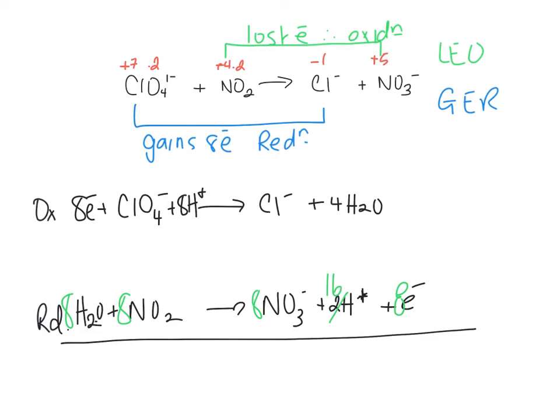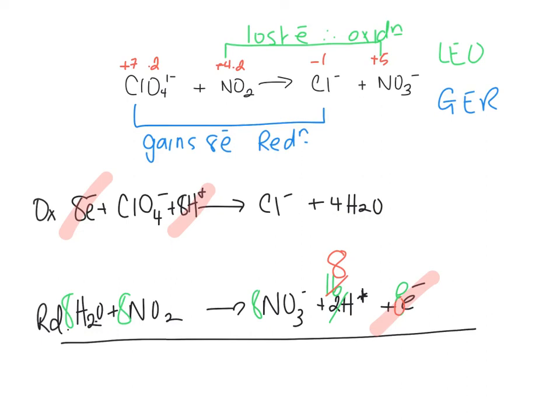So right away, our electrons will cancel. They're on both sides. Hydrogens, we've got 8 here, and we have 16 here. So this 8 will cancel and leave us 8 over here.